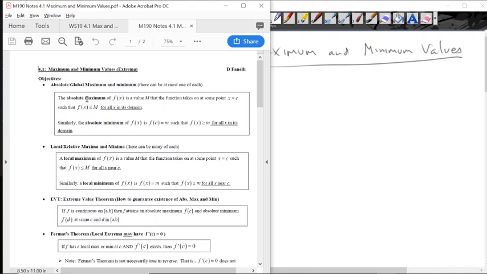So an absolute or global maximum or an absolute or global minimum would be defined as the value, if it exists, the value of the output variable that is greater than or equal to any other output value that could have been found throughout the domain of the function.